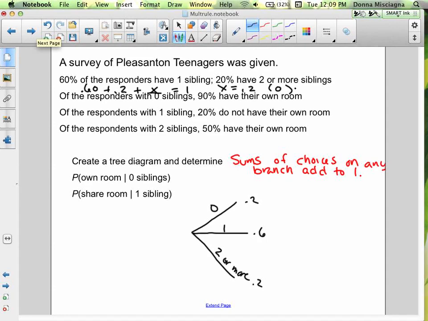Now that we've got that part broken down, we're going to figure out if they share a room or not. Share, don't share.